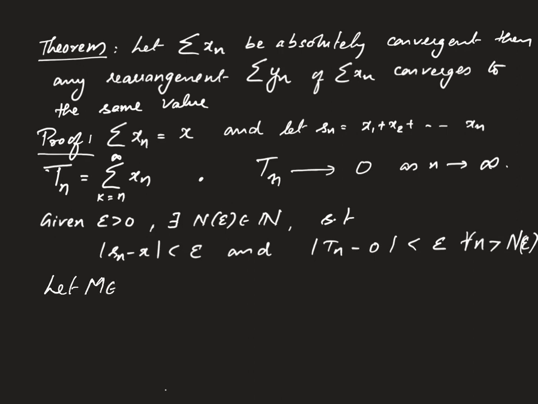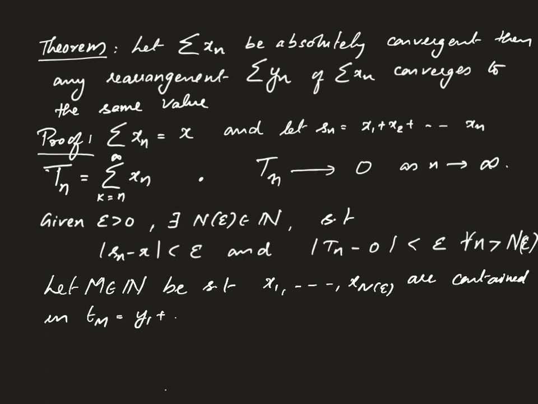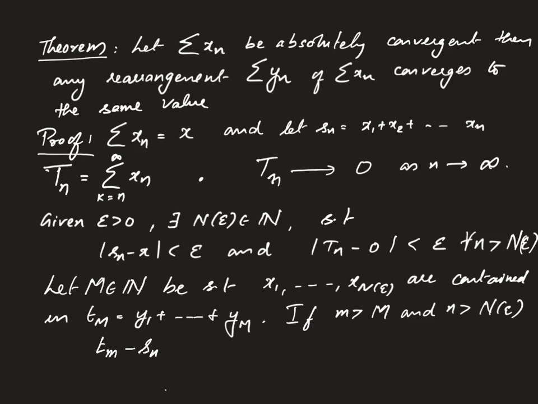Now let M be such that x1 etc. up to xN are contained in y1 plus etc. up to y capital M. If m is greater than capital M and n is greater than N of epsilon, then if you look at the difference Tm minus Sn, this will have finitely many terms xk where k is greater than N of epsilon.